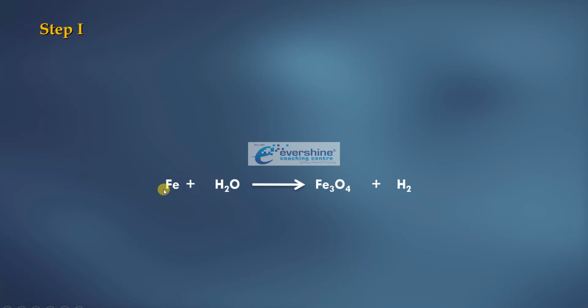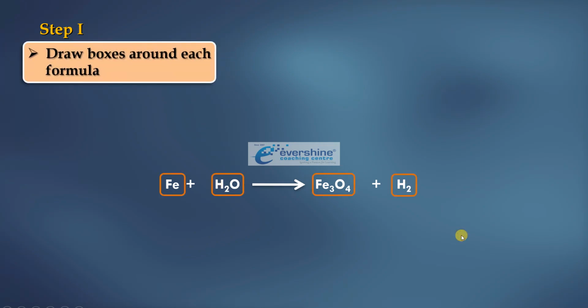As I said just now, Fe charge is positive, H charge is positive, O charge is negative. This side positive reacts with this side negative. When ferrous reacts with oxygen, it gives ferric oxide, that is Fe3O4. And hydrogen is positive, here there is no negative, so hydrogen remains as it is.